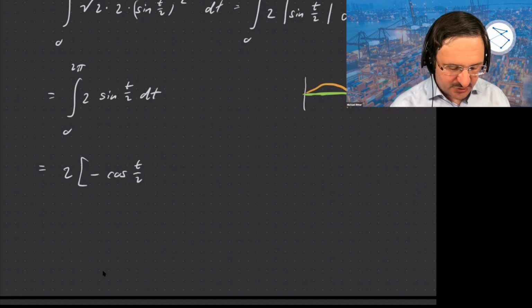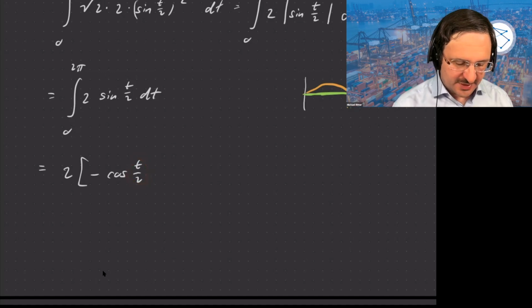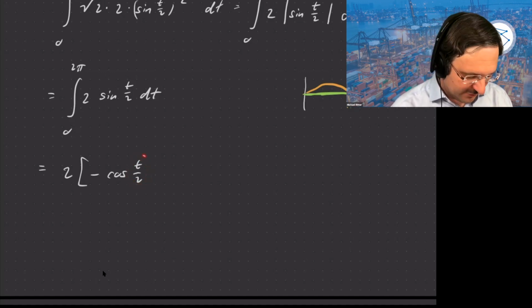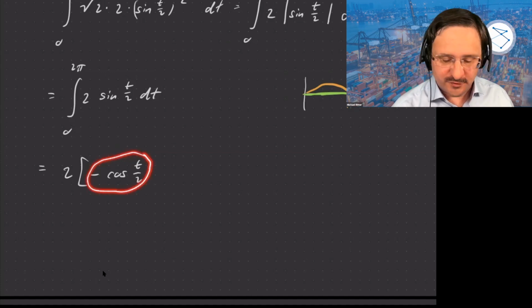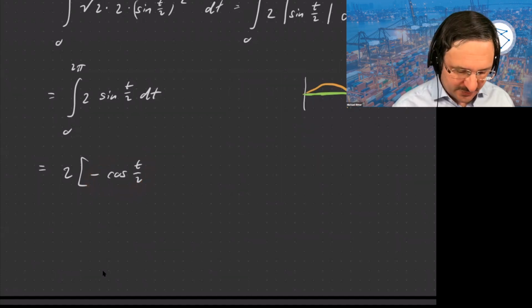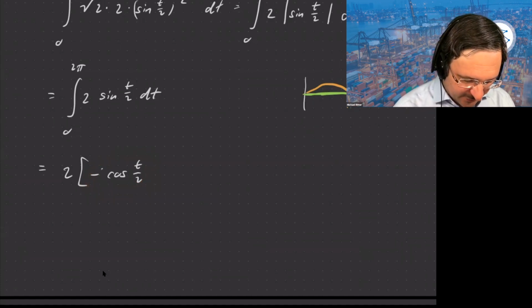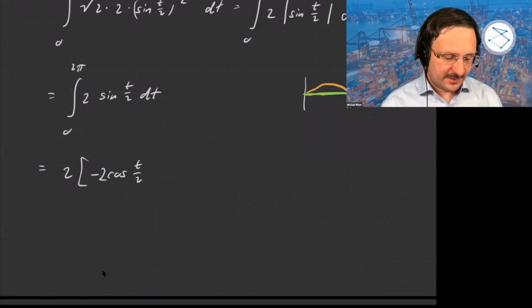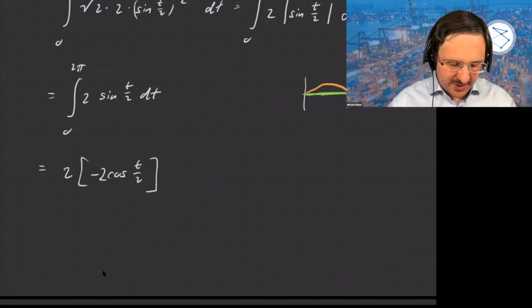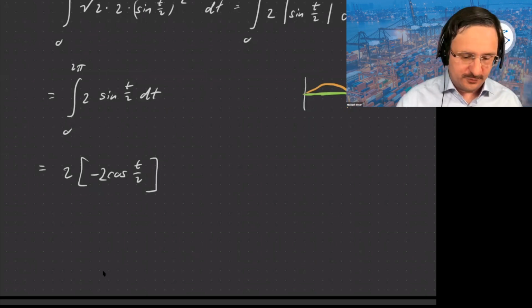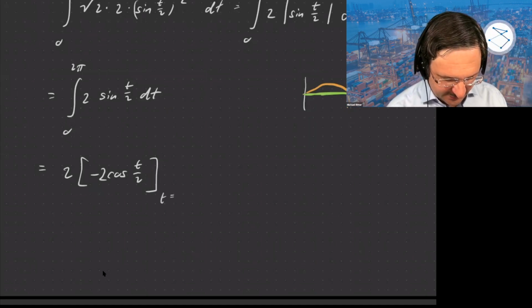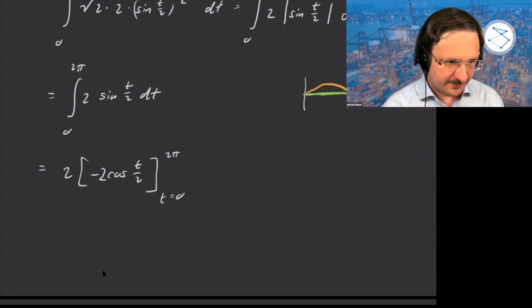And then we would use the chain rule. If we differentiate that, with the minus we'd get the positive sine of t over 2 times 1 over 2. So we also need to multiply that by 2. So the integral is minus 2 cosine of t over 2, for t from 0 to 2 pi.